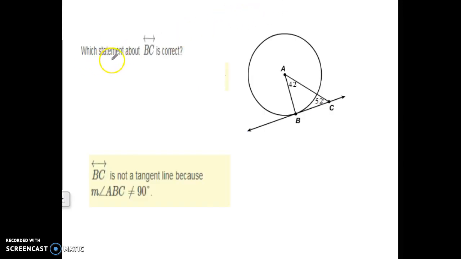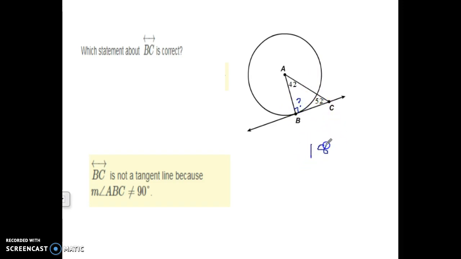All right, this one says, which statement about line BC is correct? So they'll give you several statements, and what you need to do, remember, is that if it's tangent, then this angle would be 90 degrees. So you're given two measures of the triangle, so you need to find out what is the measure of this angle.